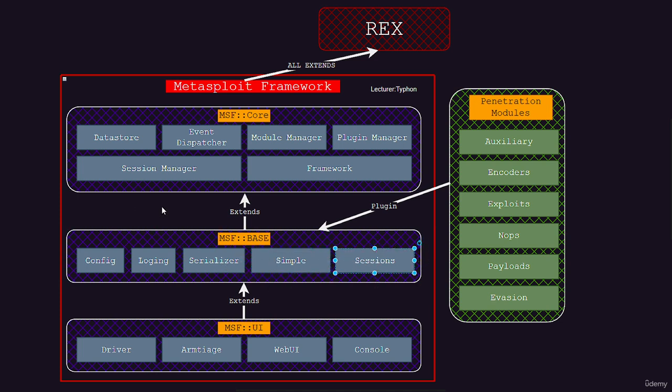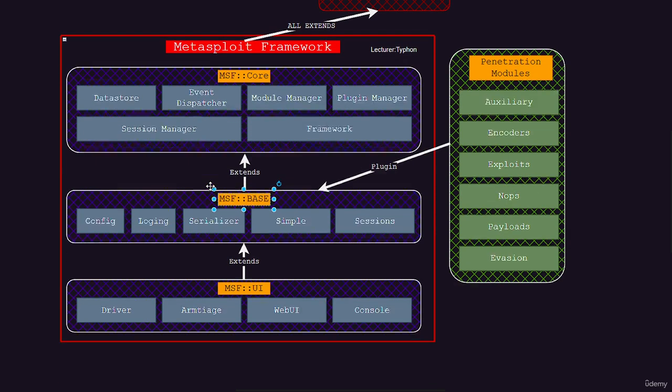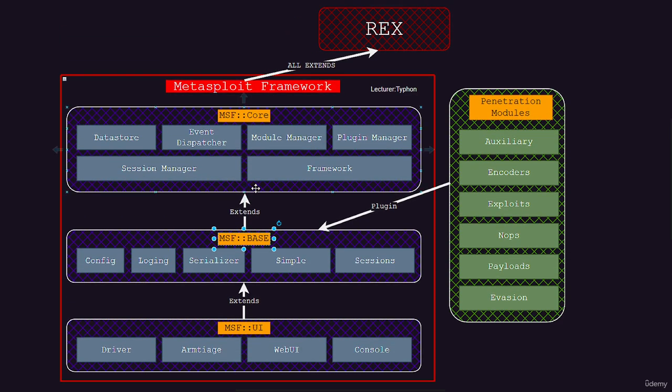This library also provides API support for modules, so consider MSF base as the bridge that connects the core of Metasploit, MSF core, to the diverse range of modules and tools available here. It ensures that all components within Metasploit can work together harmoniously, creating a cohesive and powerful cybersecurity toolkit.